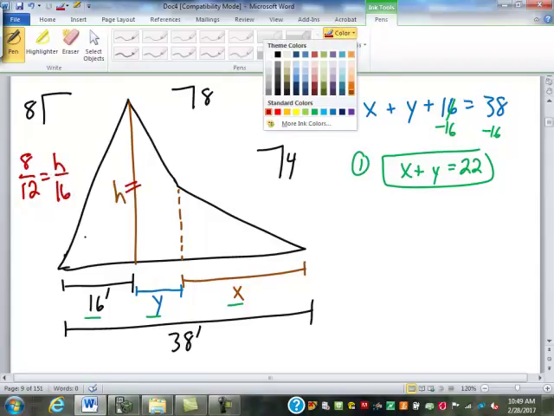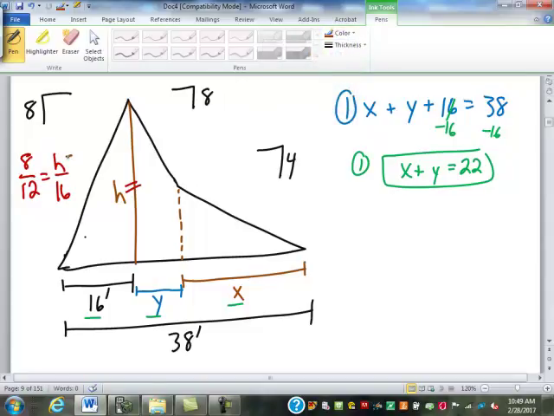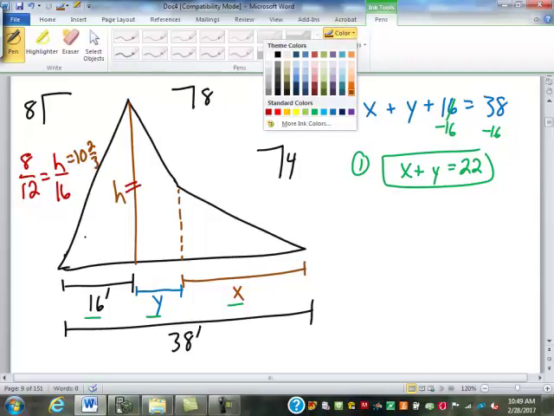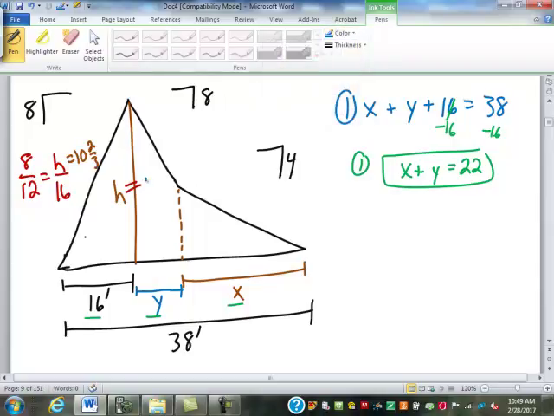And by cross multiplying and dividing, we get 10 2/3 for h, right? So h is 10'8". With me so far? Okay.